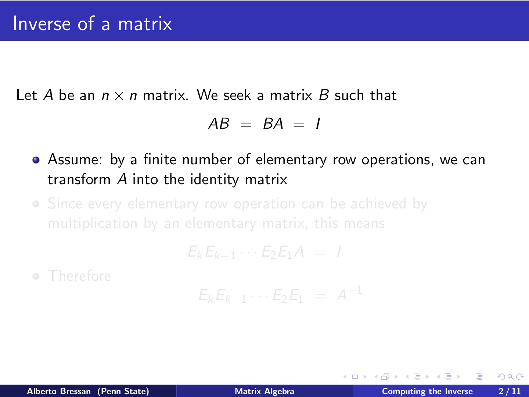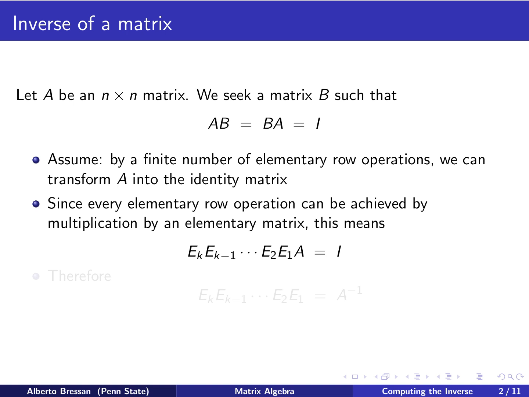Combining these two steps, we can transform the A matrix into the identity, and that's how we solve the system AX equals B. So we assume that by a finite number of elementary row operations, we can reduce A into the identity matrix.